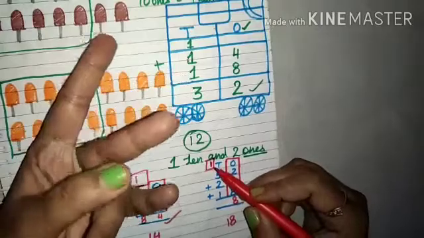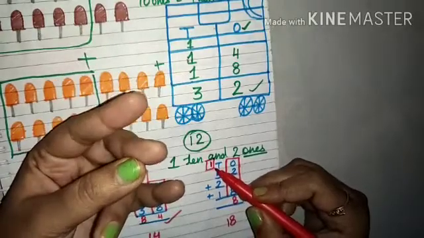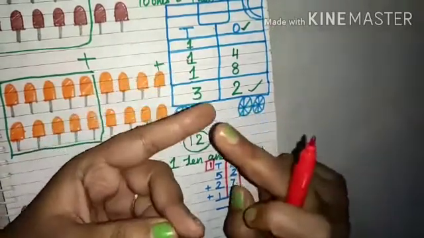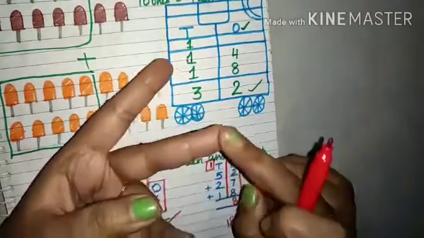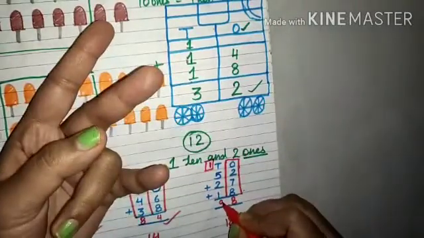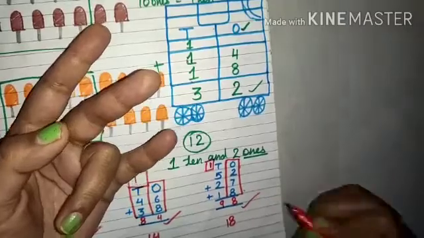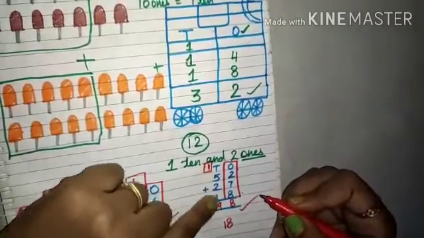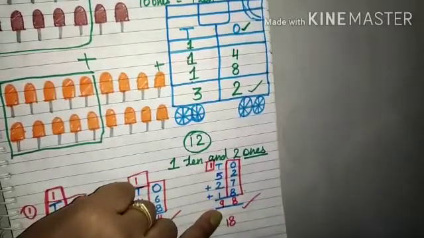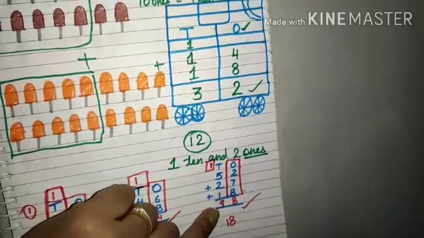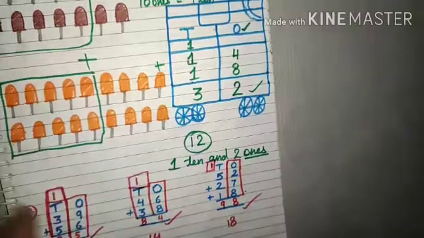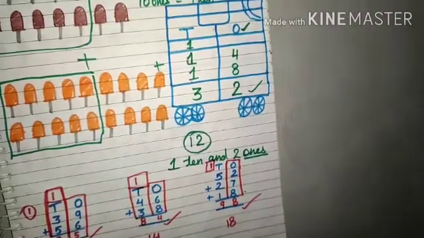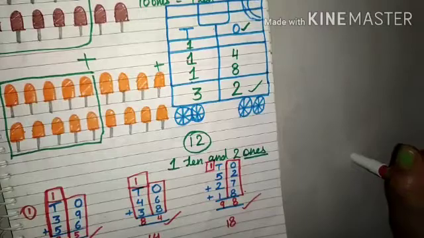Total 3 and this one 4. Okay. So 5, 6, 7, 8, 9. So what I got? 9. So what is the answer of these three addends? 98. So here I am done with exercise number 3.2.